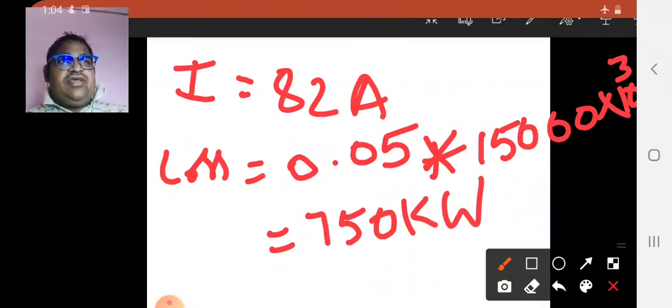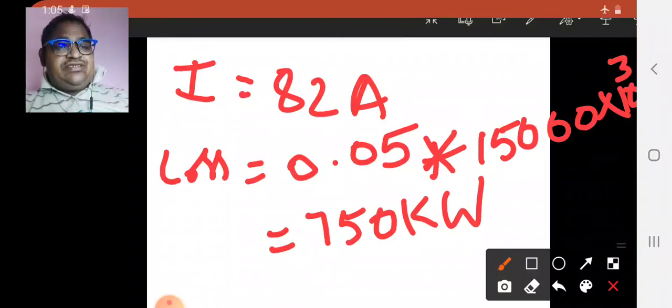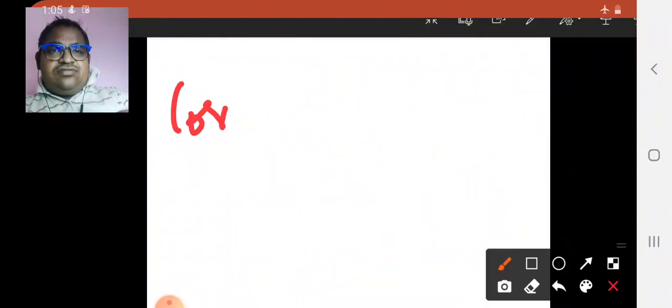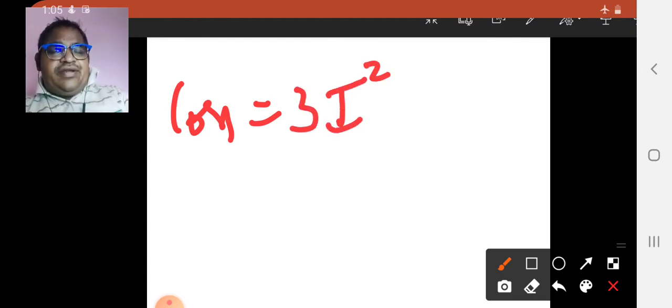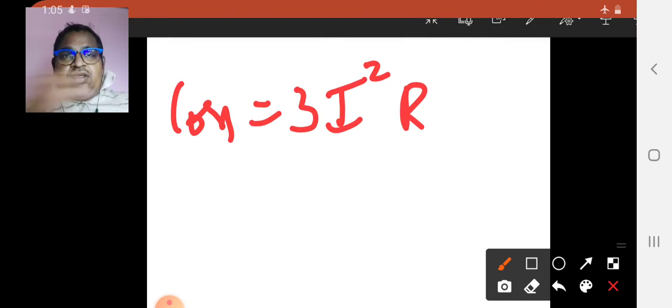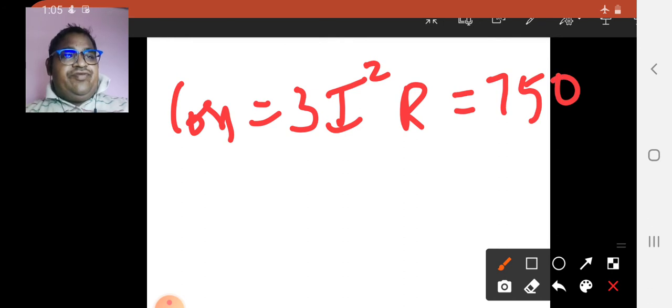Here we know that the loss is the three-phase loss. So what is the three-phase loss? It is 3 into I square R. So 3 I square R is equal to 750 into 10 cube.